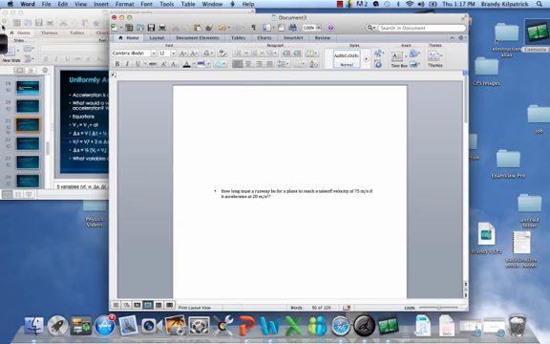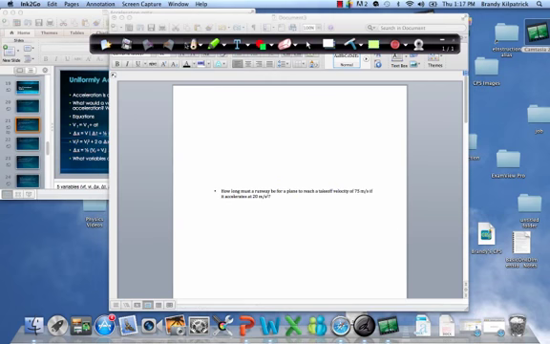So when I have a constant acceleration, and I'm looking at my VT graph like this, remember that on a VT graph, acceleration is the slope.